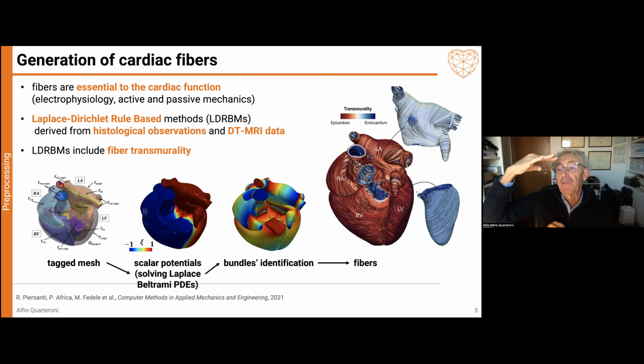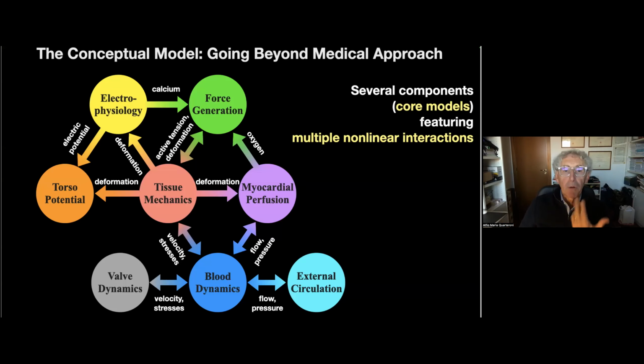So the orientation of the fibers in the epicardium, which is the external part of the myocardium, are in a given state, and then they change their direction across the myocardium until the endocardium, and you want to reconstruct these variable directions of the fibers and of the collagen sheet. So this is preliminary to the use of the model, and then we need to develop a model.